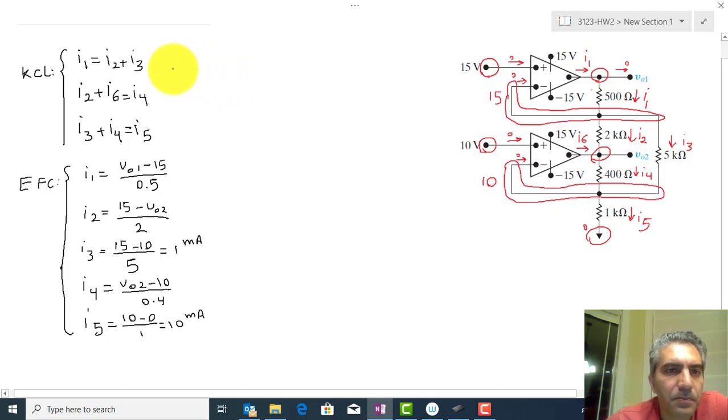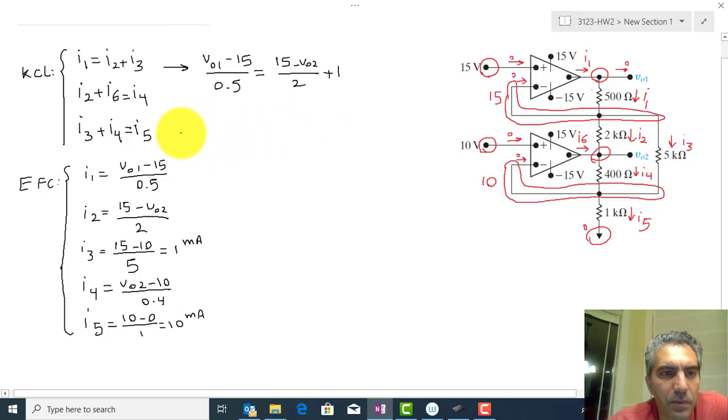So I1, from the equation for components, we know it, that's Vout1 minus 15 divided by 0.5, is equal to I2, which is 15 minus Vout2 divided by 2, plus I3, which is 1.